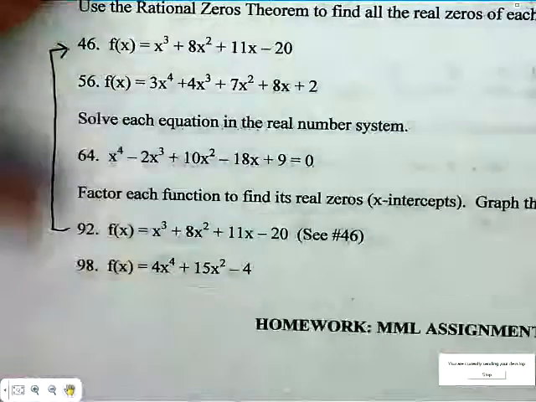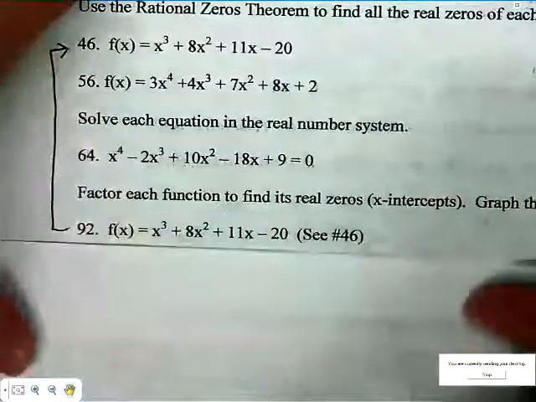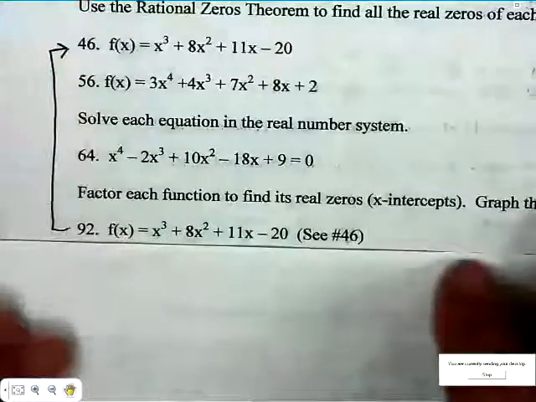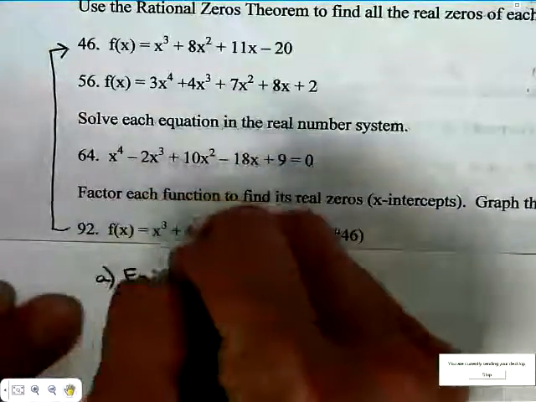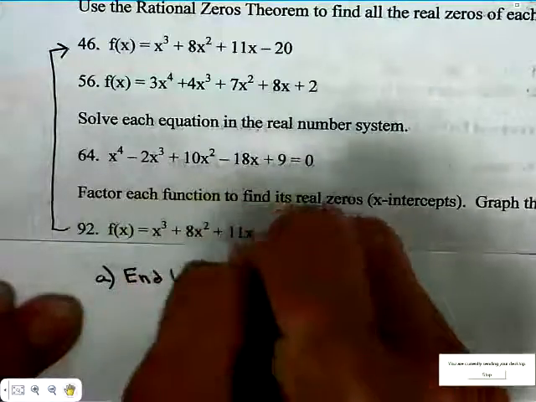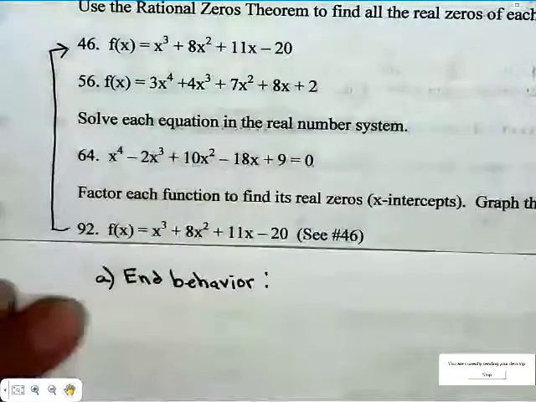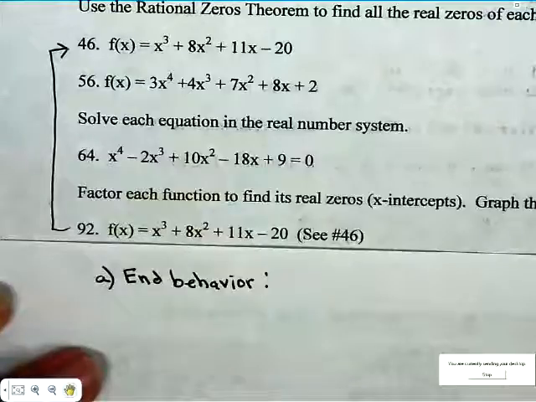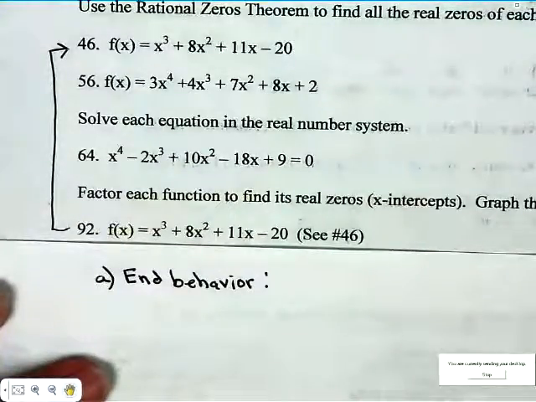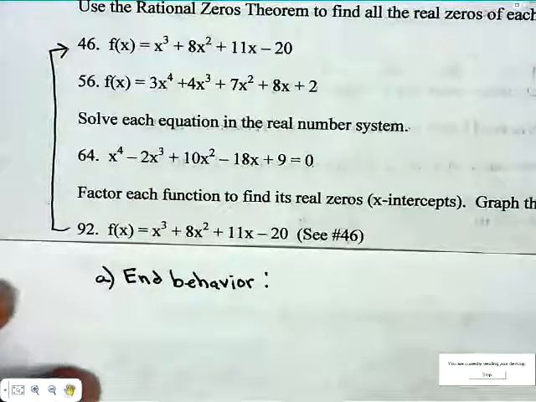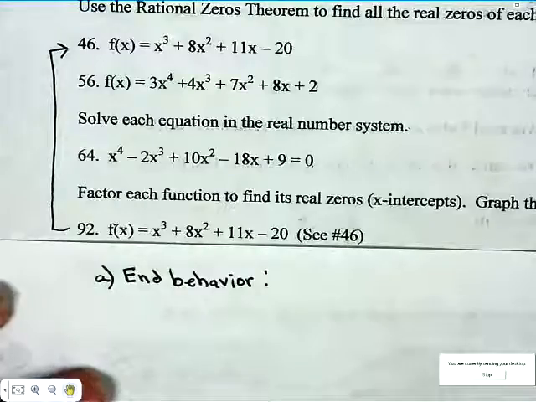So look back at your number 46 and tell me, I'm going to make this like last night's homework, what is the end behavior of that function? Odd degree. So it's not a U shape with odd degree.